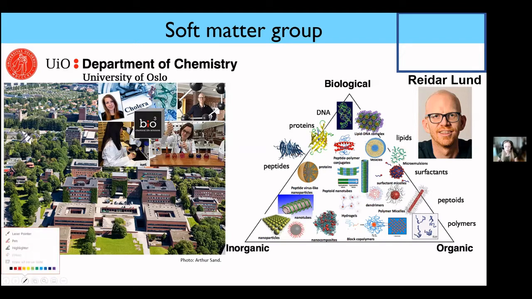So I can get my laser pointer here, and the two frontmost donut buildings here are the Department of Chemistry where we are, and we are part of this research section called the BioCubed, which is chemical life sciences, and it consists of the bioanalytics group, the structural biology group, and then us, and we are more the soft matter group, I would characterize this as.